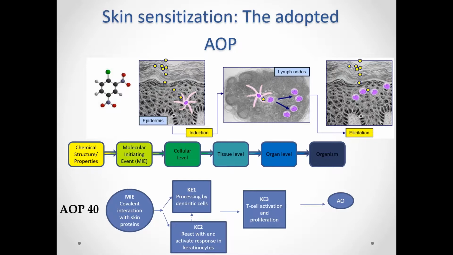For those of you who are not familiar, there is adverse outcome pathway 40, in which the whole process of skin sensitization is described, starting with the molecular initiating event, which is the covalent interaction with skin proteins, going through key event 1, which is the processing by dendritic cells, through key event 2, the activation of response in keratinocytes, and finally T-cell activation and proliferation, the adverse outcome.